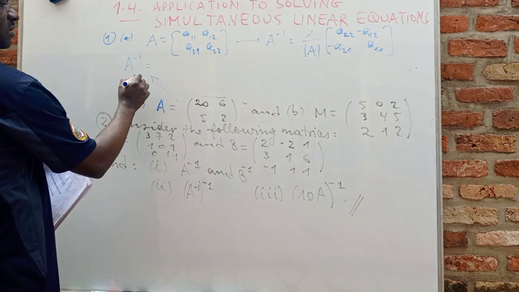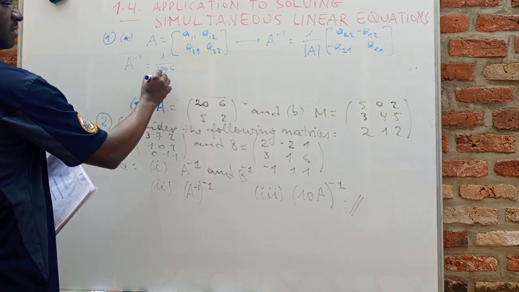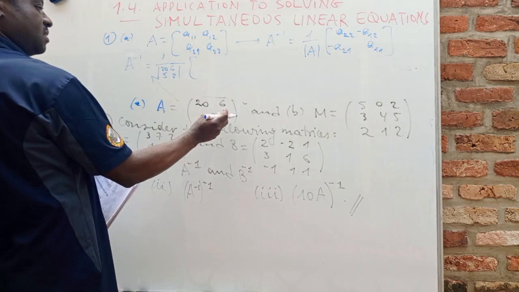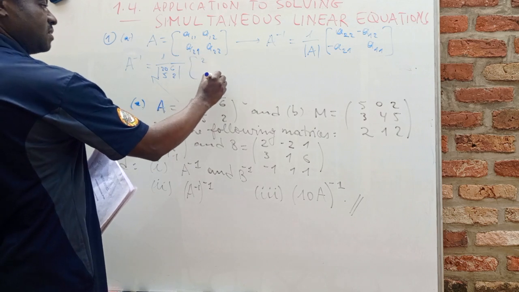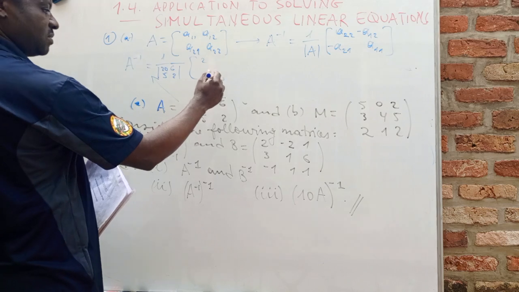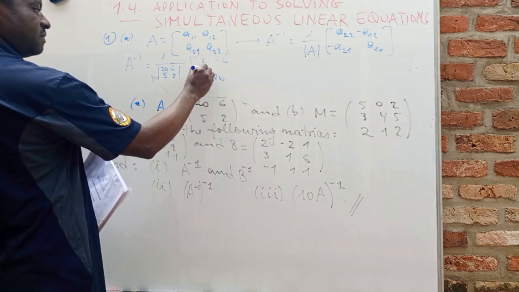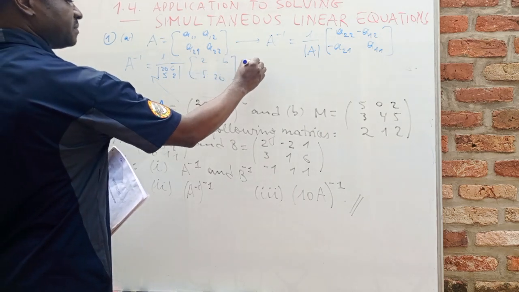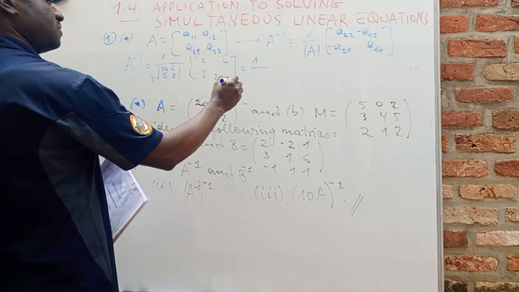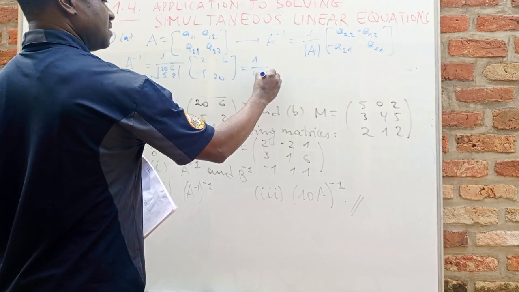So it is equal to 1 over the determinant of 2, 6, 5, 20, and then we exchange the main diagonal elements: 20 becomes 2, 2 becomes 20, and negative 6, and negative 5. This is equal to 1 divided by 20 times 2, which is 40, minus 5 times 6, which is 30.